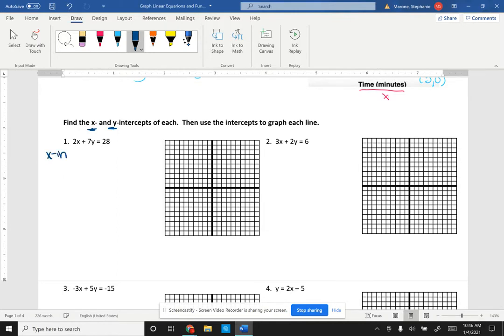So I'm going to write x-intercept. And I know for the x-intercept, y is equal to 0 from up above. So what I'm going to do is substitute y equals 0 into that equation. So I get 2x plus 7 times 0 equals 28.